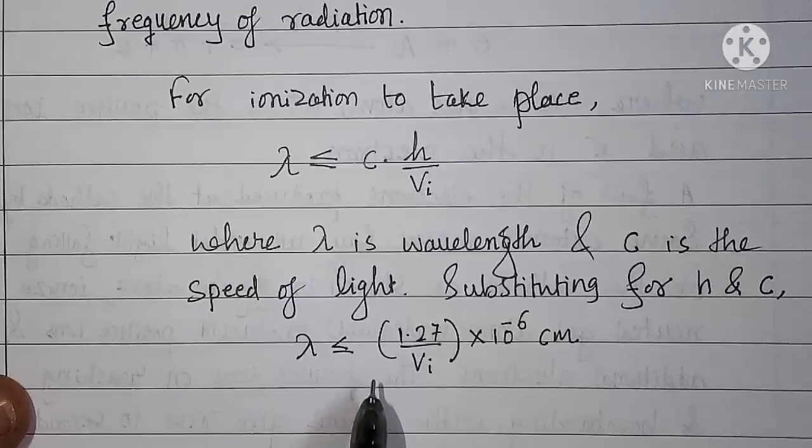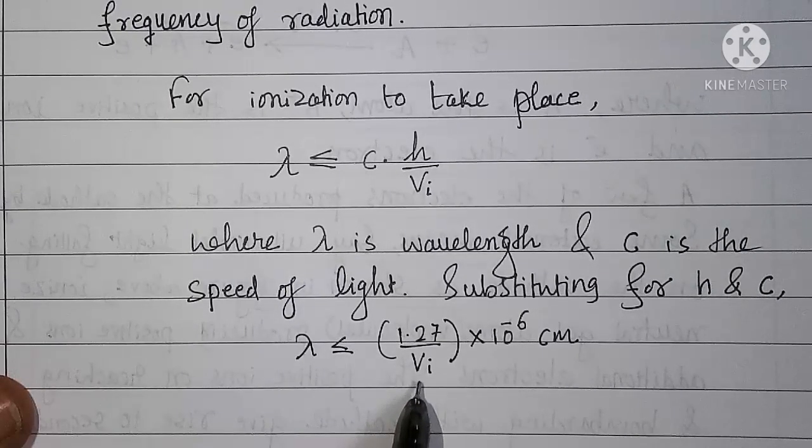So from this relationship we understand that if ionization energy is very high, then the wavelength of the radiation will be very short.